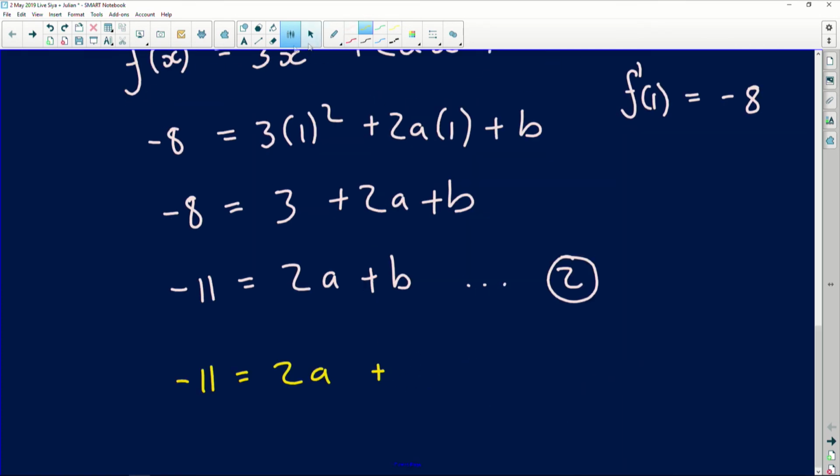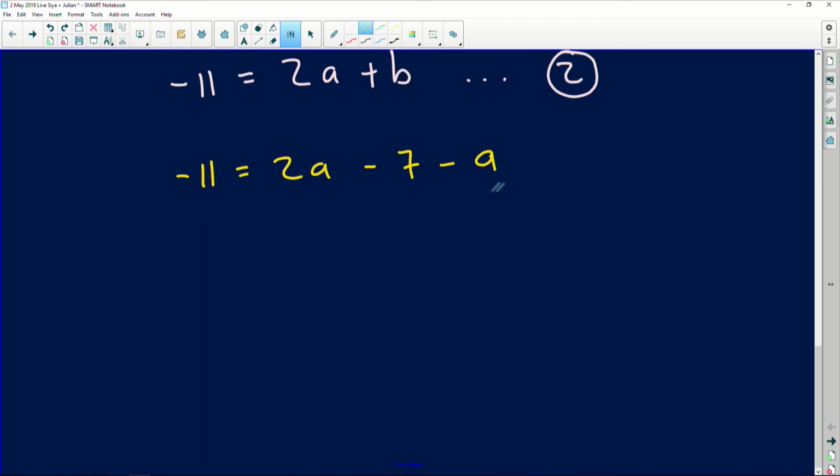So it's going to be negative 7 minus a, and I can now solve for a because I only have a in this equation. That's going to get me negative 11 plus 7 equal to 2a minus a, which is just a. And negative 11 plus 7 gets me negative 4, and that's my value for a.